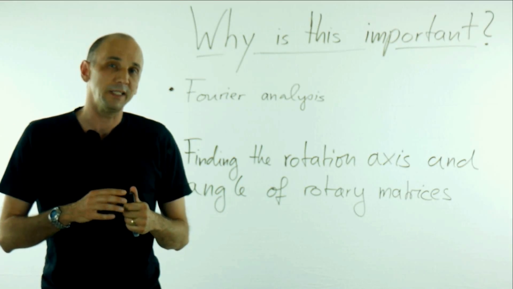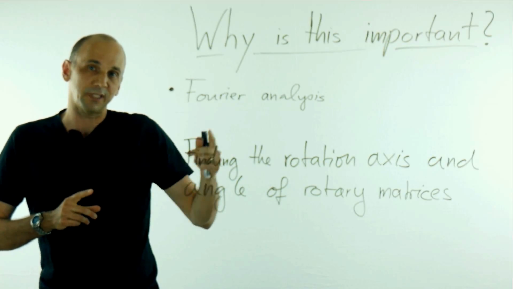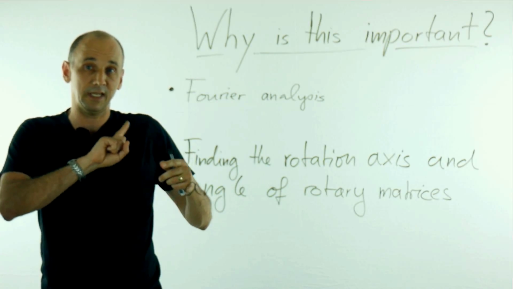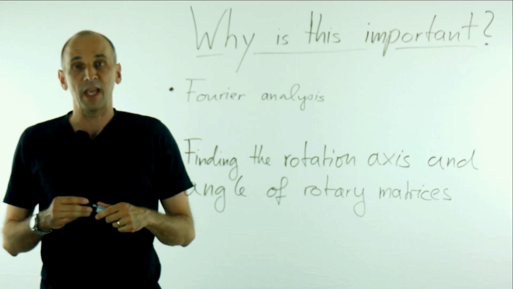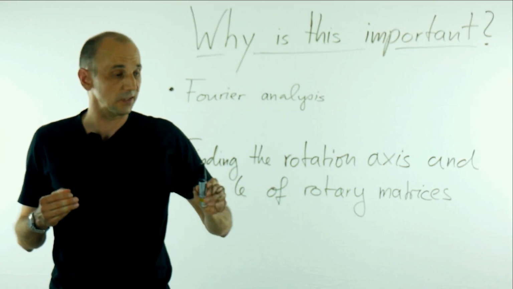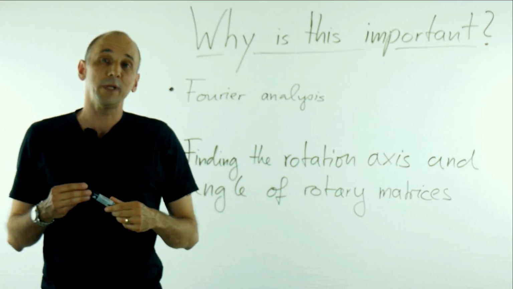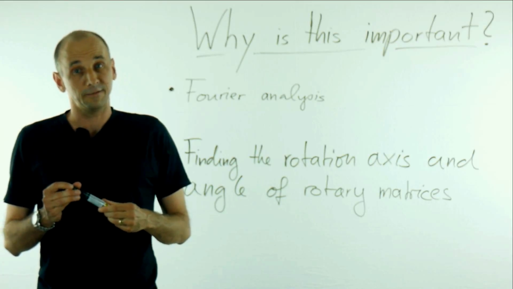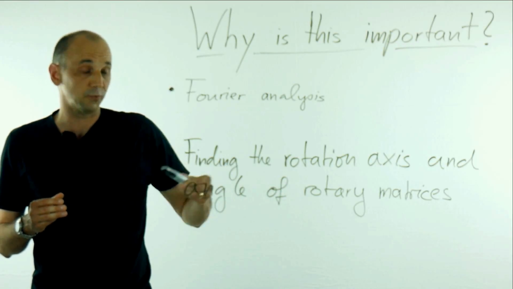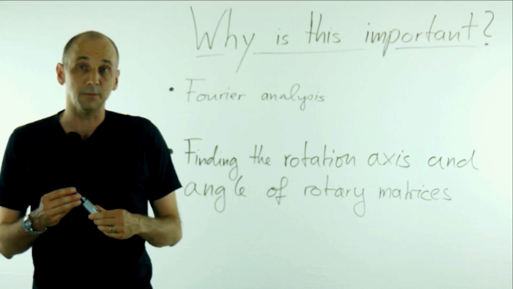You of course have no idea what this single rotation now is in angle and in rotation axis. To find out this rotation axis and the rotation angle, we need to find out the eigenvector and the eigenvalue of this rotary matrix in the end.